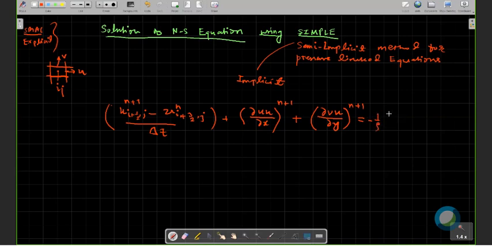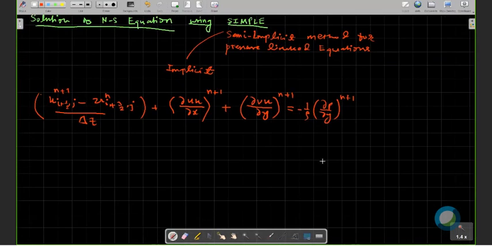Plus 1 by rho del p del x at n plus 1, plus nu times del 2u del x2 plus del 2u del y2, this is also at n plus 1. Similarly, the y equation, I'll just write it.